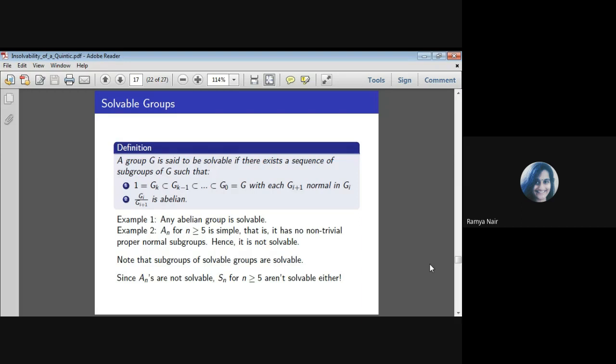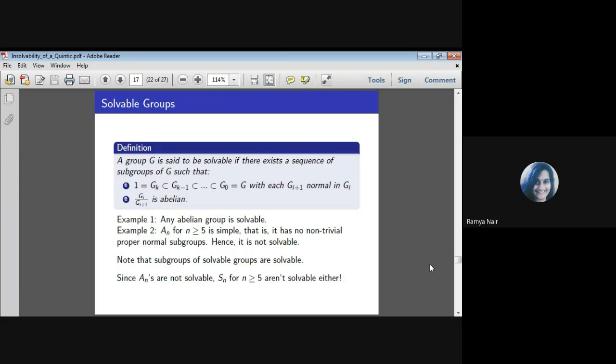Are you aware of this fact? Or you can just black box it for now. So since you do not have a sequence of normal subgroups, and An is not abelian for n greater than or equal to 5, this group cannot be solvable.